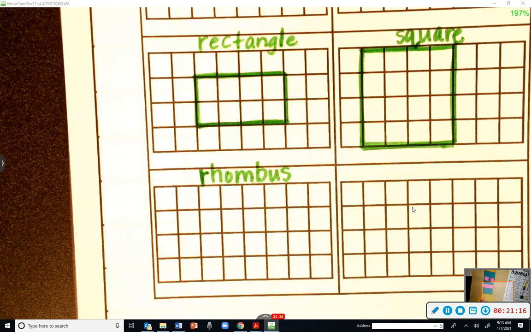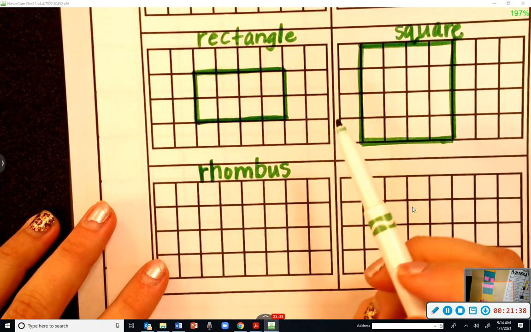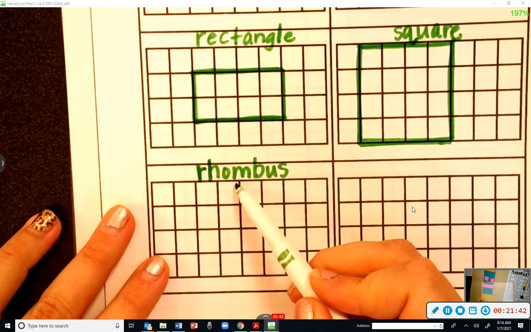We just need to make sure when we draw the rhombus, all the sides are equal like a square, but do they have right angles? Yes. No. Okay, so kind of like a square, all the sides are equal, but we're going to make it more like a diamond, kind of like what Allie said.